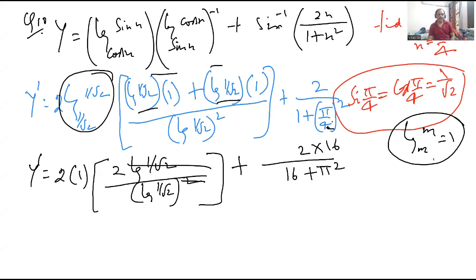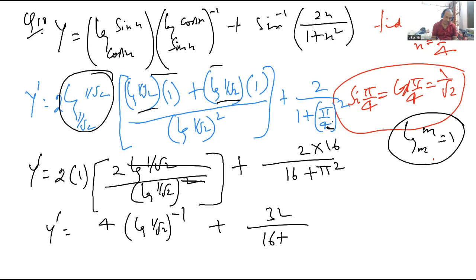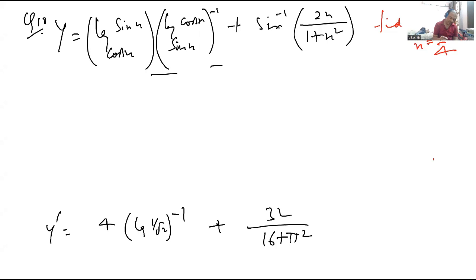Now the answer will be y dash is equal to 4 over log 1 by root 2, and if I take it up, this will give me log 1 by root 2 whole raised to power minus 1, plus 32 over 16 plus pi square. Okay, now what happens here? This is y dash, and the power is minus 1.